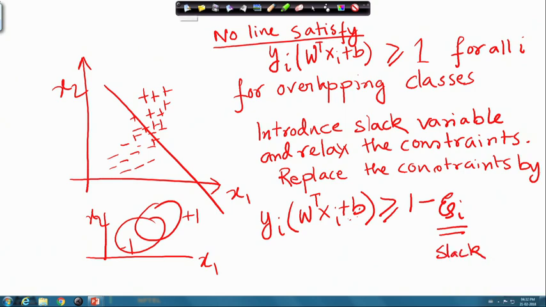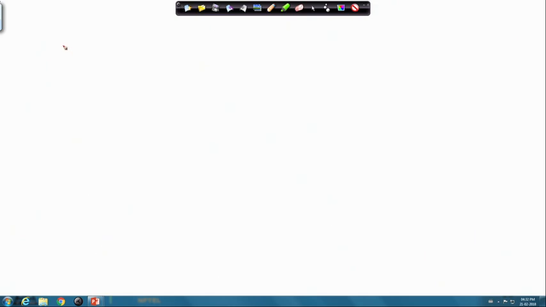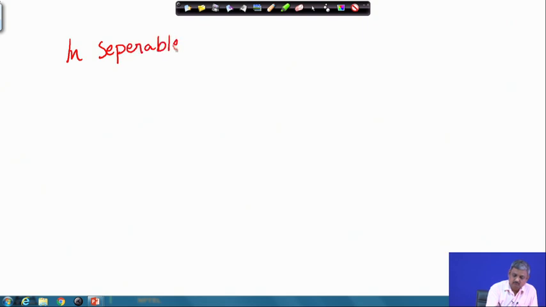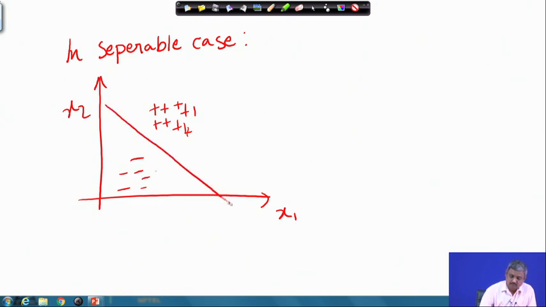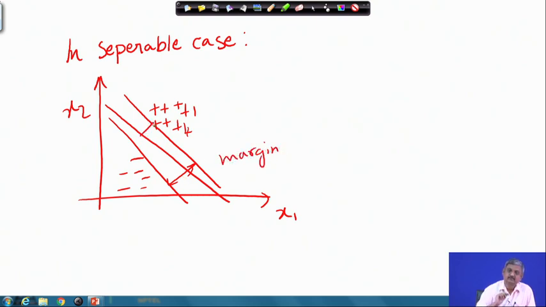So, what is the meaning of this? This was the margin, and the closest point was at a value of 1.